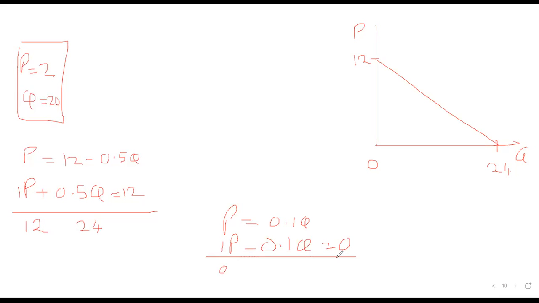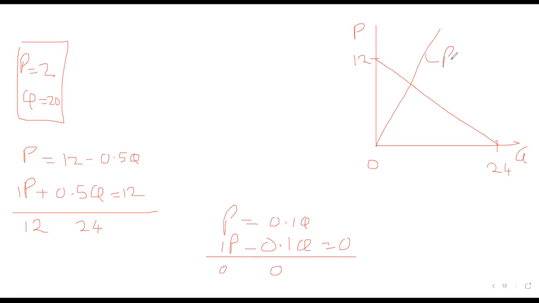Negative 0.1 into 0, it's 0 as well. So where would it start from? From 0,0. Yeah, from here, just upwards. Is it right? Wow, that's good. Is it correct? So that's what we do.